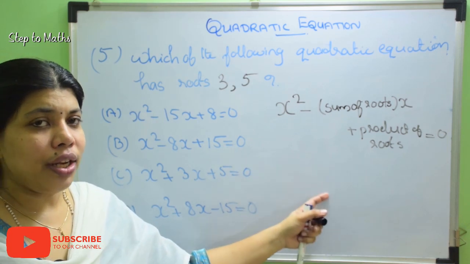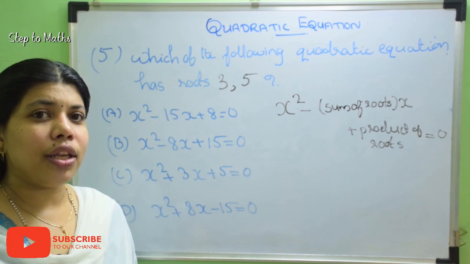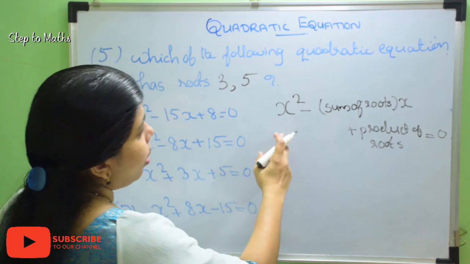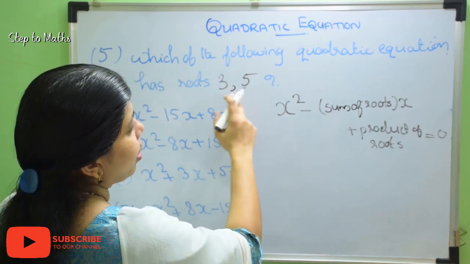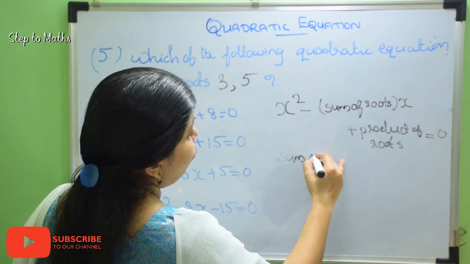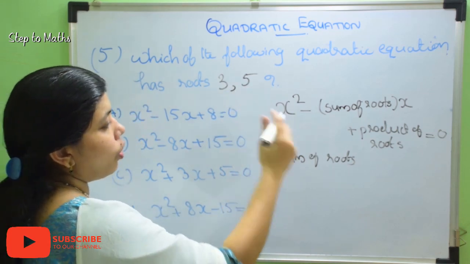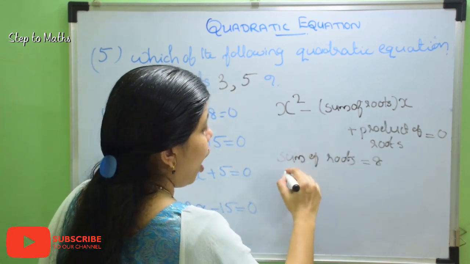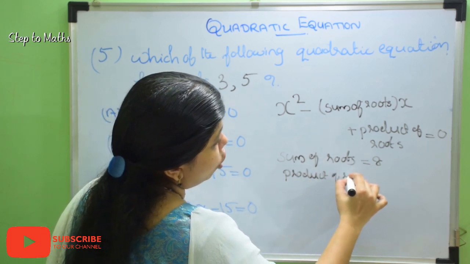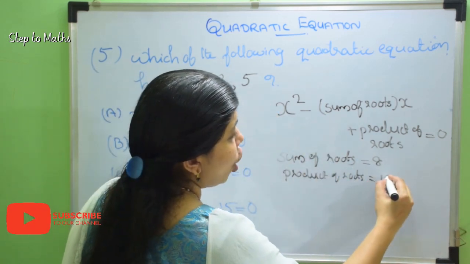Using this relation, we can form a quadratic equation if its roots are given. Here sum of roots is 3 plus 5, 3 plus 5 is 8, and product of roots equal to 3 into 5 is 15.